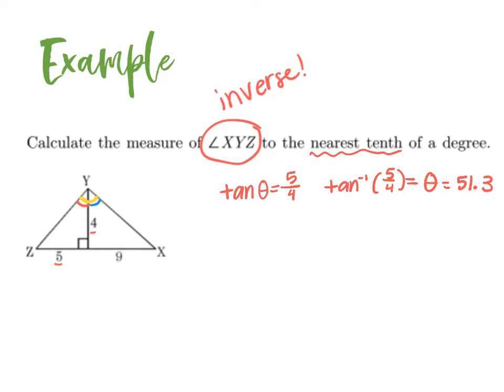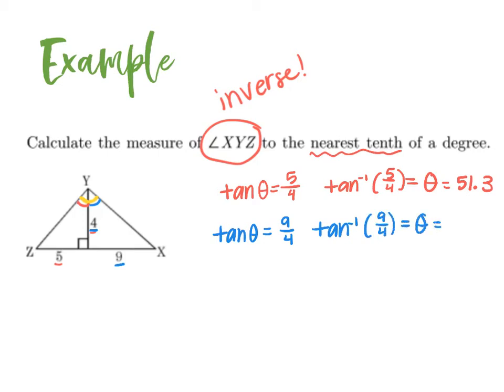And then I'm going to find that blue half. With the blue half, I've got 4 and 9 on that triangle, so I still have opposite and adjacent. So the tangent of theta equals the opposite over the adjacent, and the inverse tangent of 9 over 4 will give me that angle.